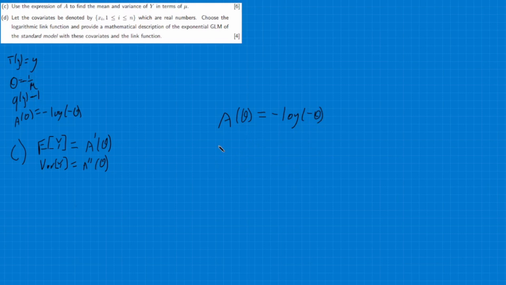We can differentiate this, so we get a'(theta) equals minus 1 over theta, which we then substitute with minus 1 over mu, giving mu. Then a''(theta) is our second derivative, which becomes 1 over theta squared. Again substituting our parameter, 1 over minus 1 over mu squared gives us mu squared.